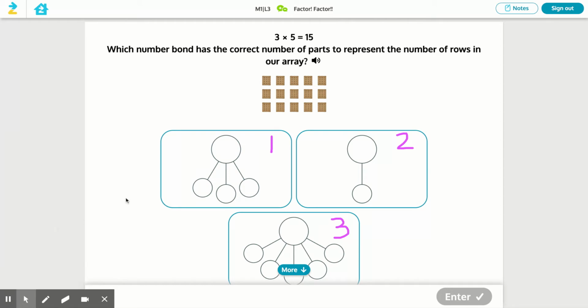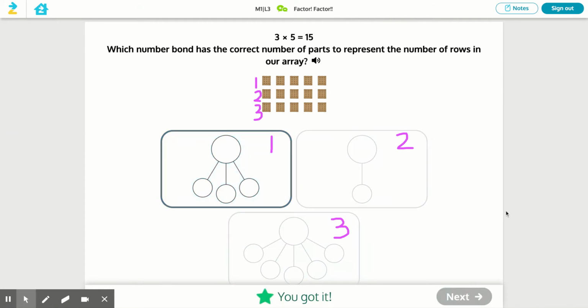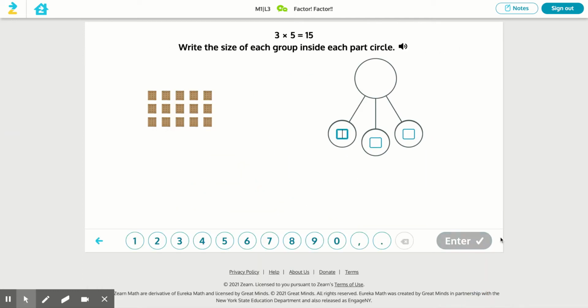Well, we know that the number of parts or the number of bubbles represents the number of rows our array has. And our graham cracker array, we said, has 1, 2, 3 rows. The number bond that has 3 rows is number bond number 1. Finally, we are going to write the size of each group inside of each part circle.